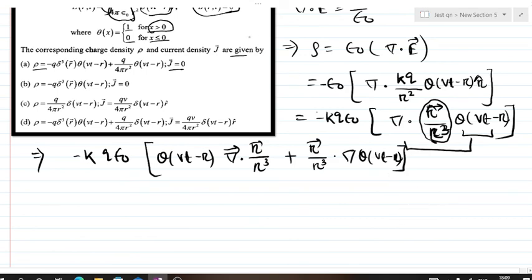Then this will be minus k q epsilon naught, and this is the delta property, delta cube r will be this.